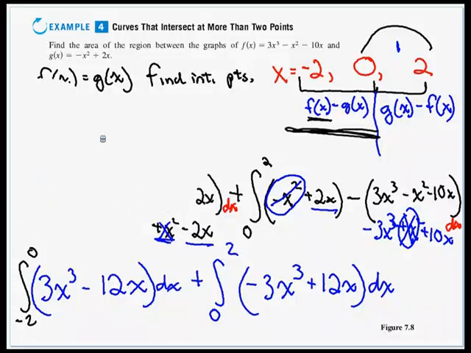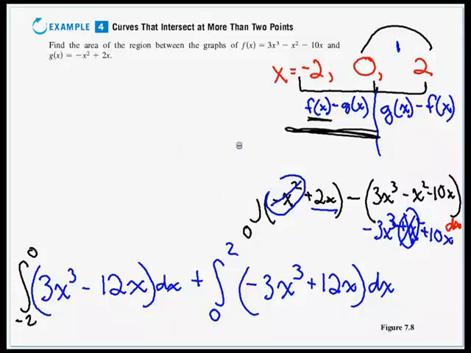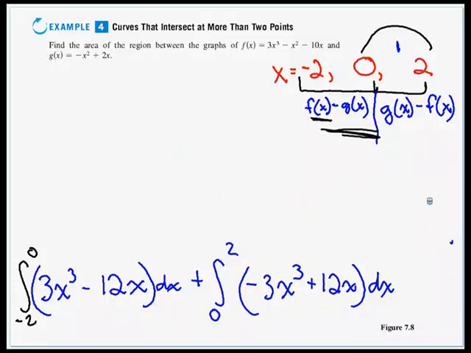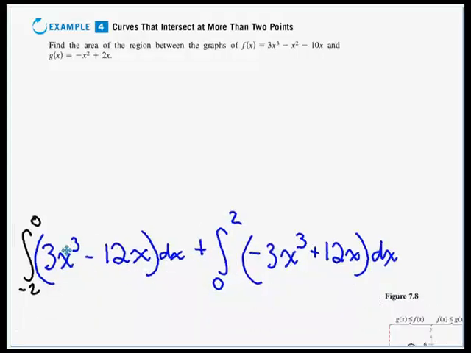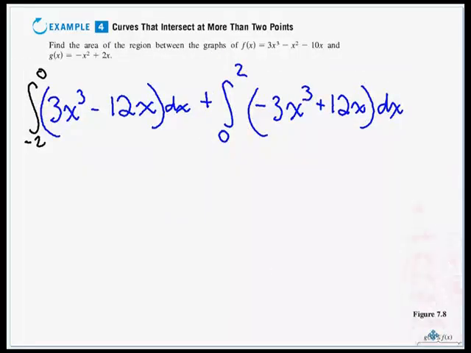So I can probably get rid of this. And now we take the antiderivatives. So this, we move the power up by 1.